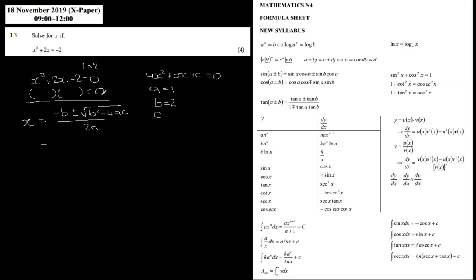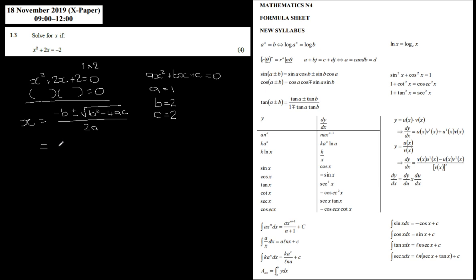And c will be the value without an x, which is also positive 2. Remember, if it is minus 2, for example, then my c value will be minus 2. However, in this example, my a, b, and c values are all positive.